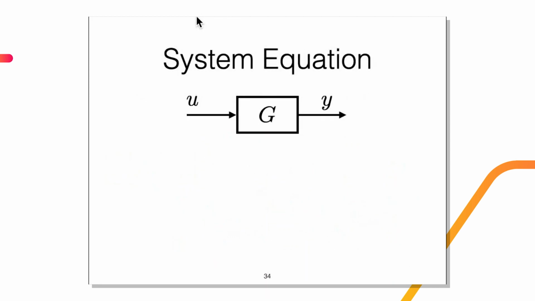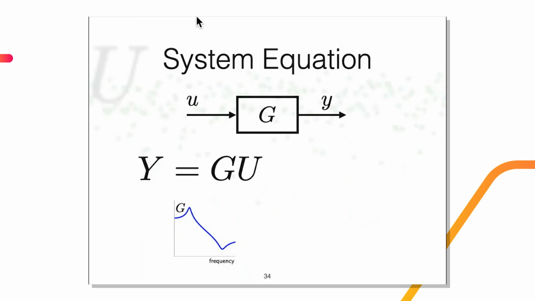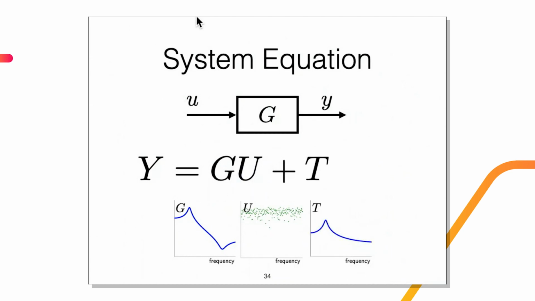So again, we have our system equation, y is equal to g times u. G might look like this, an example of a transfer function. The input spectrum can be, for instance, some kind of white noise. We also have a transient. This transient has a lot in common with the transfer function, namely the poles. That's why it looks a bit like the transfer function. The zeros might be different.